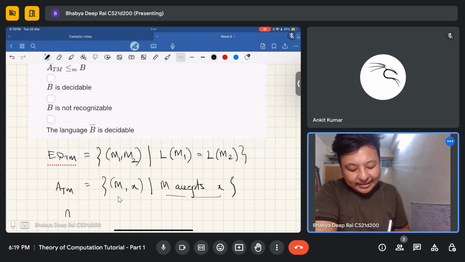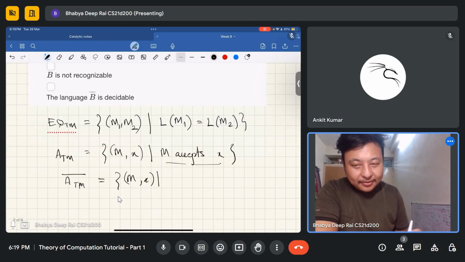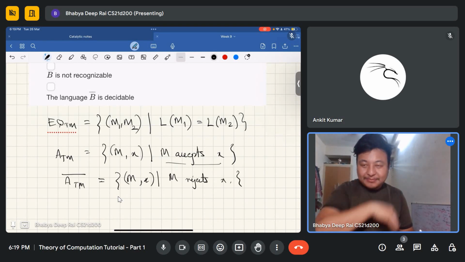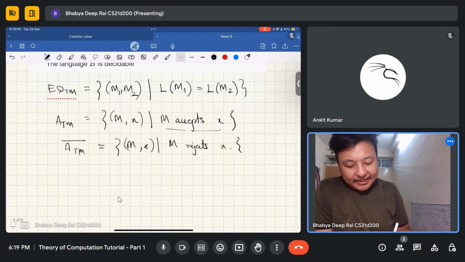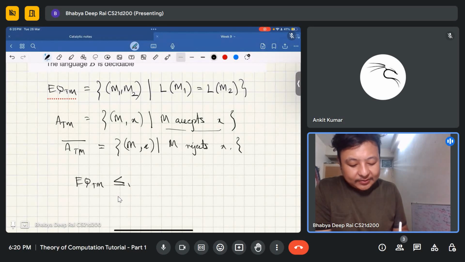So what is ATM bar? It is just the complement of ATM. It consists of all pairs of M and X such that M does not accept X. You may have seen in the lectures that EQTM actually reduces to ATM bar.